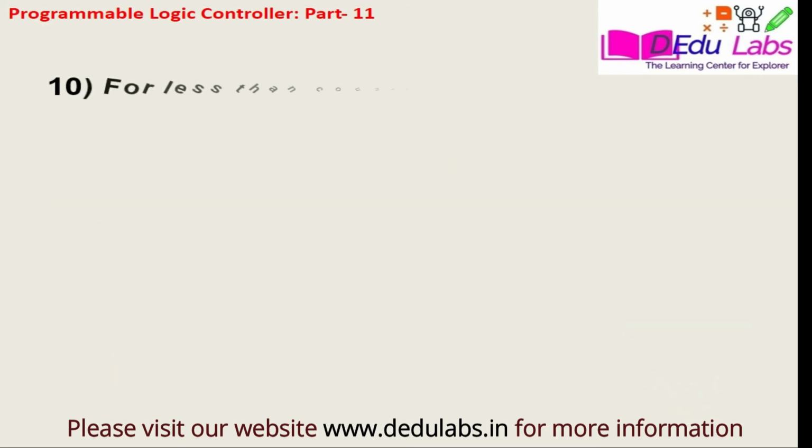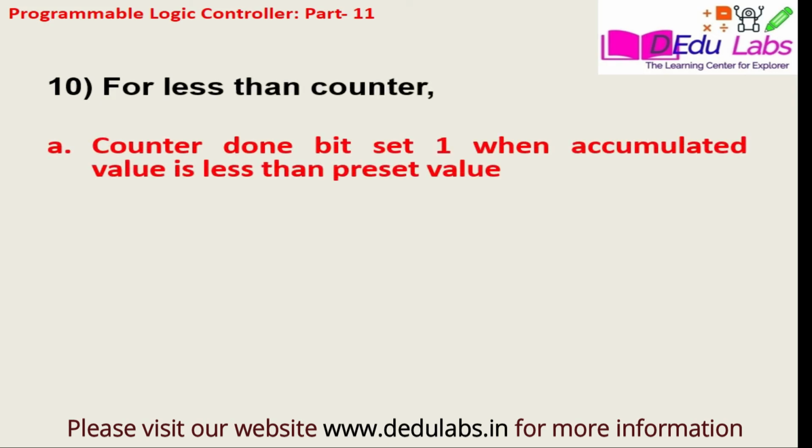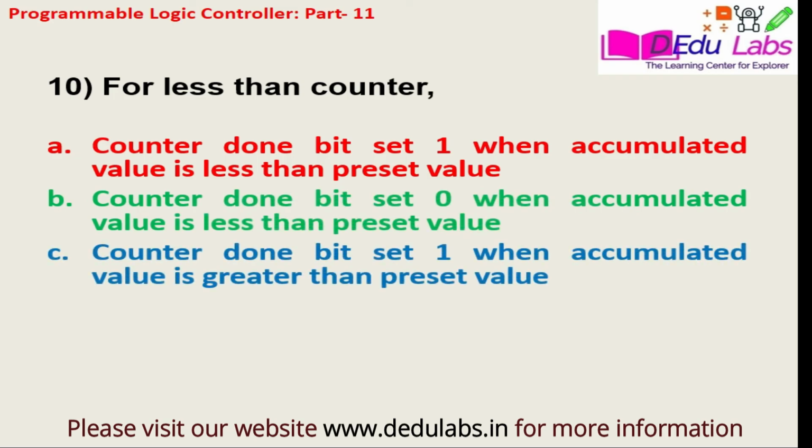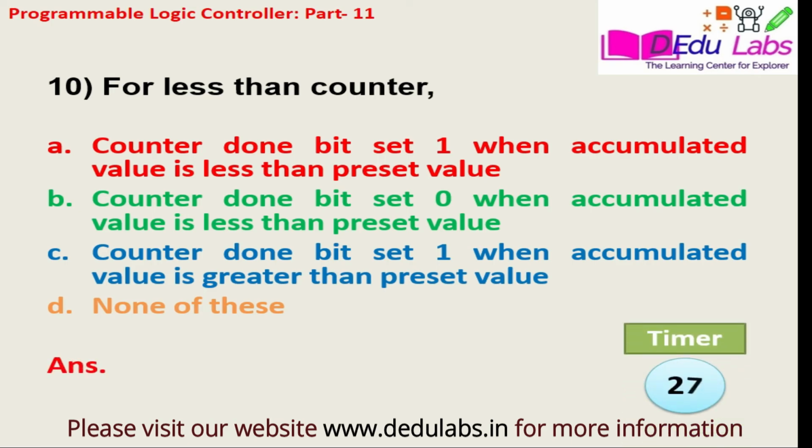Question number 10. For less than counter, option A, counter done bit set to 1 when accumulated value is less than preset value. Option B, counter done bit set to 0 when accumulated value is less than preset value. Option C, the counter done bit set to 1 when accumulated value is greater than preset value.